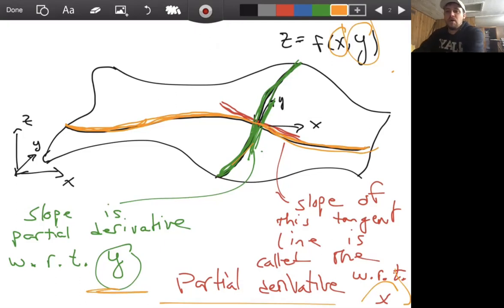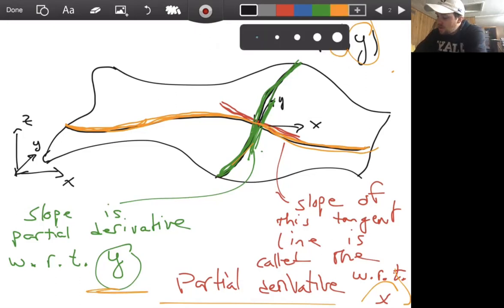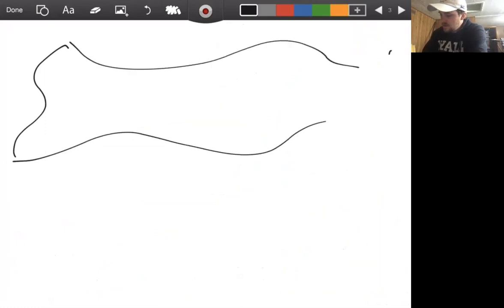And so now what we want to do is come up with limit definitions for partial derivatives. And so maybe I'll give us some notation here. So let's redraw our picture. Say our surface goes off the screen or something, right?